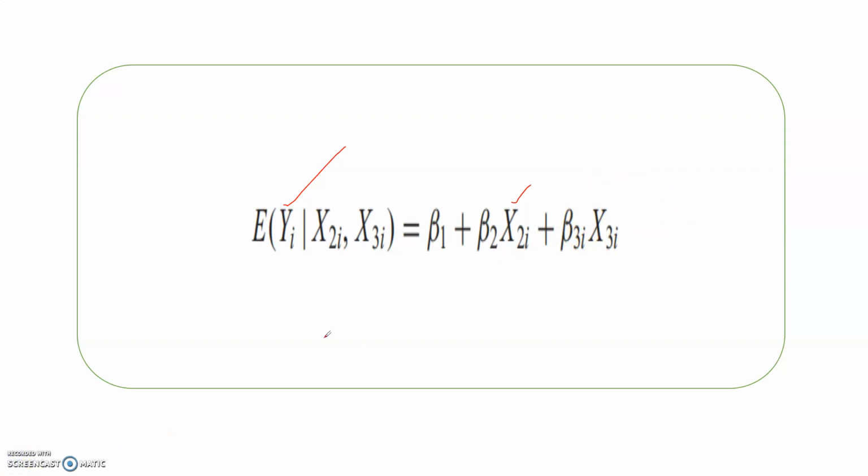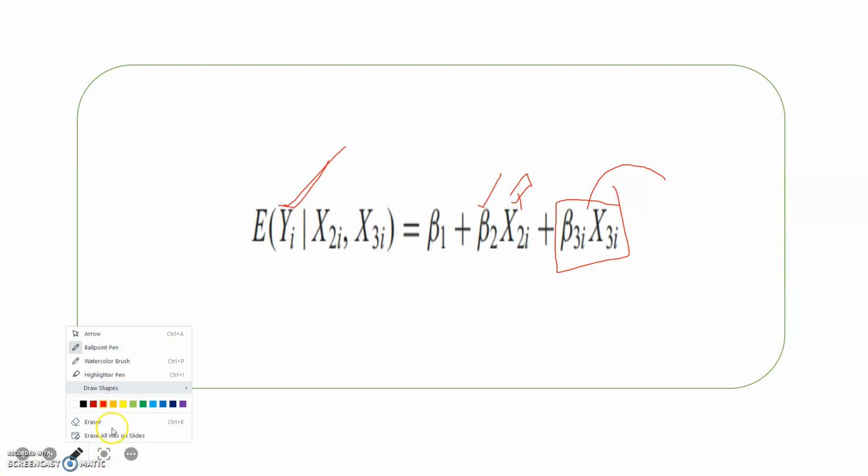We can interpret it as: if x2 changes by 1 unit and we ignore the effect of x3 totally, holding it constant, then the mean value of y is going to change by beta 2 units.